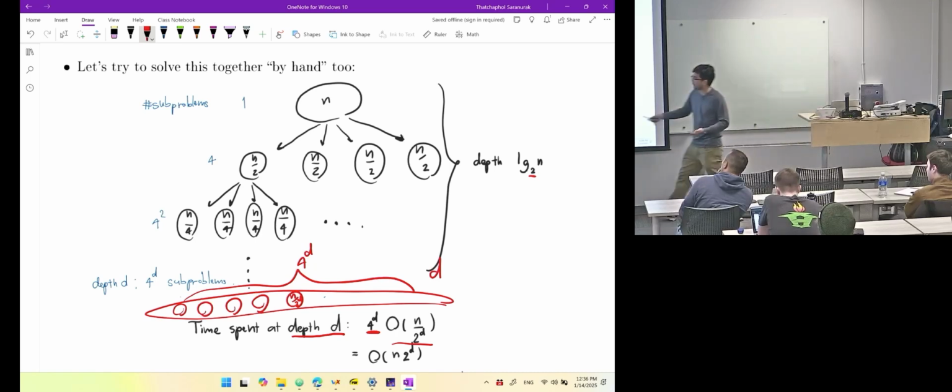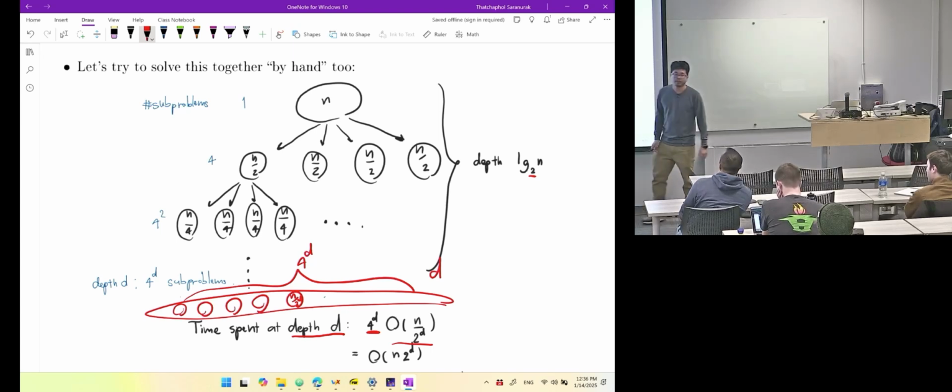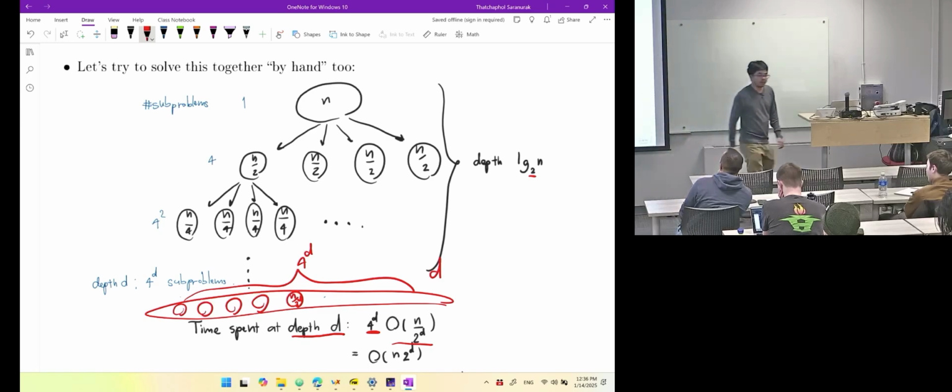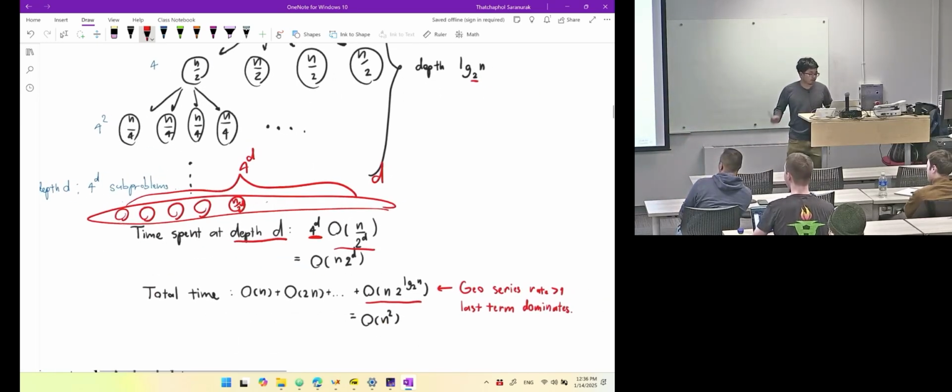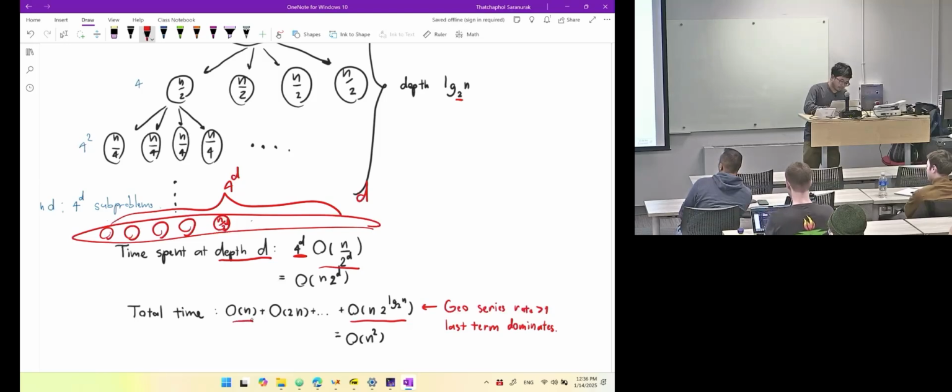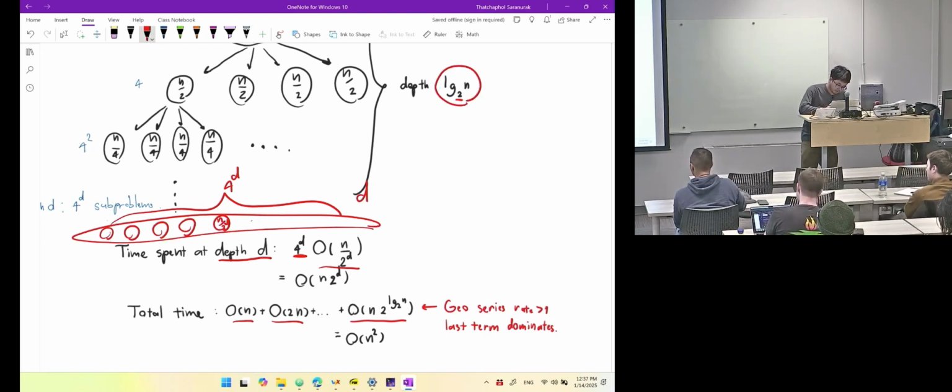The total time you spend at depth d is this times this, which is order of n times 2 to the d. And then you just sum them up over all levels, right? So the first level is O(n), the second level is about 2n, and you sum up over log base 2 many levels. The last level is n times 2 to the d, but d is log base 2 of n.